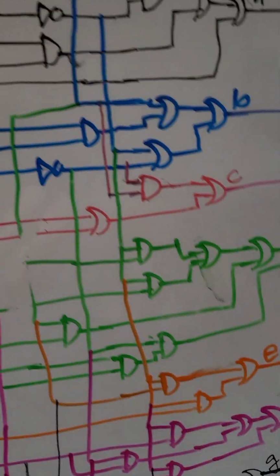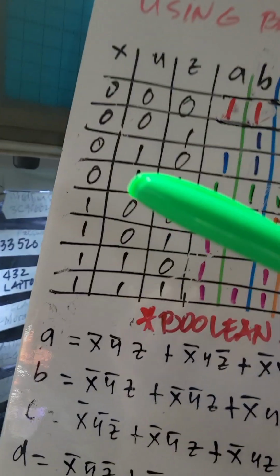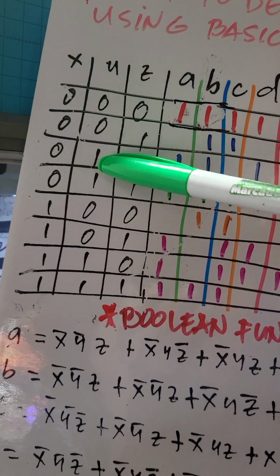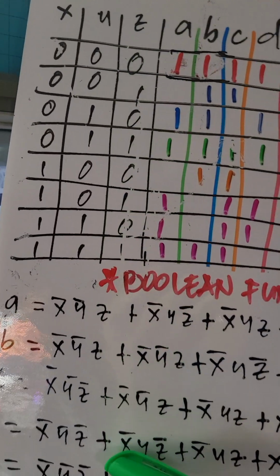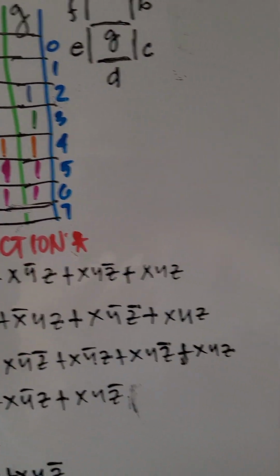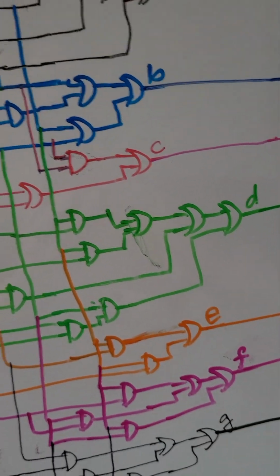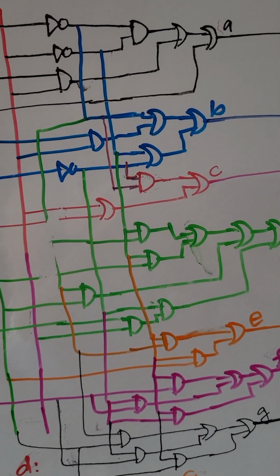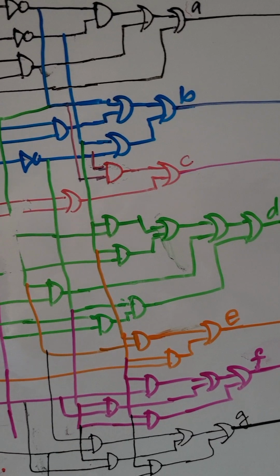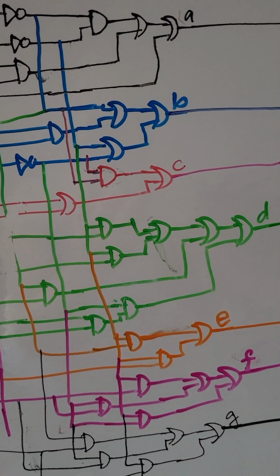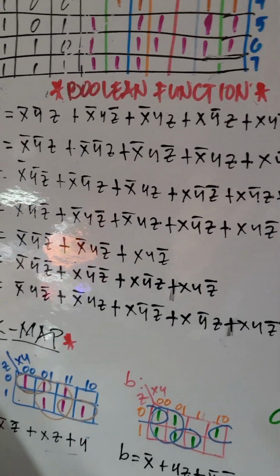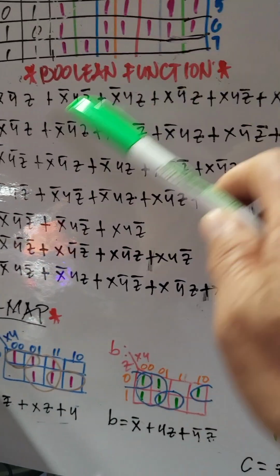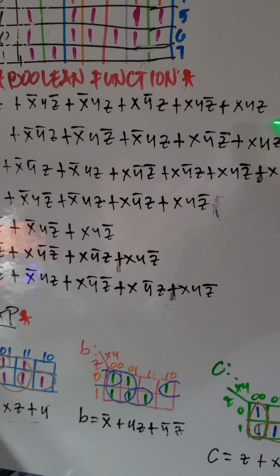Because if we make this as 4 variables like 16 combinations, our diagram must be maybe times 2 of these combinations of logic gates, and our Boolean functions are also longer than these functions.